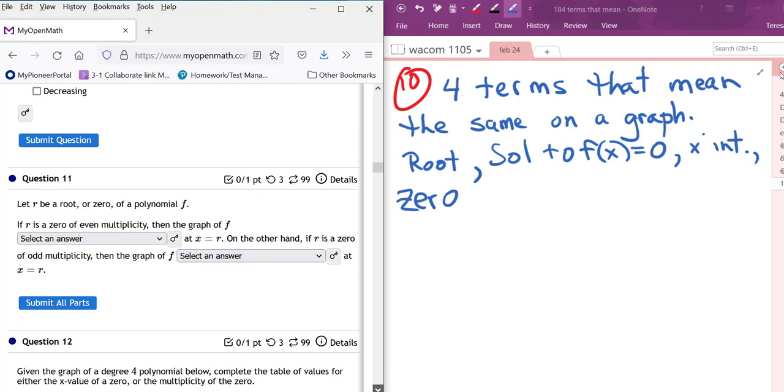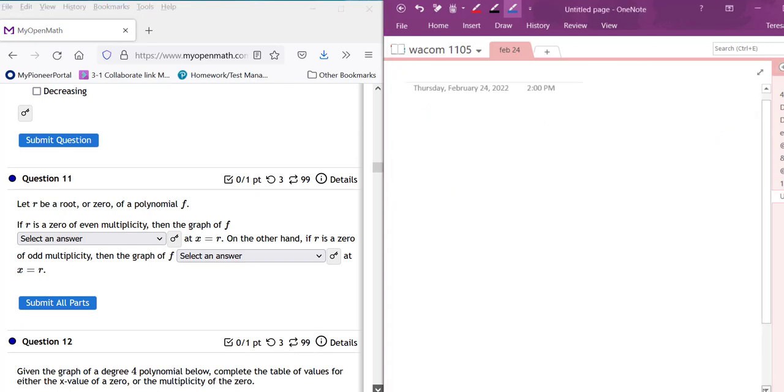Right. Then they're going to talk about multiplicity. And this is how many times a root occurs in a problem. And the graph will act different according to how many times that root occurs.